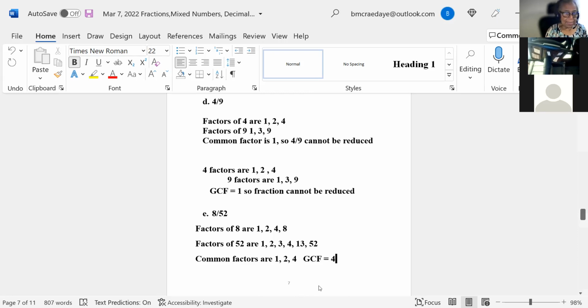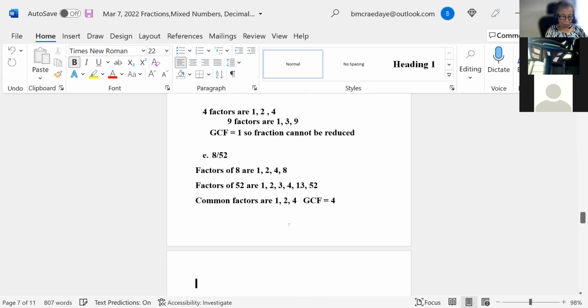So now take that and divide that into 8 and 52. And what do you get? Oh, 2. That's right, 2. And 13. Okay, so we have 8 divided by 4, it's 2.